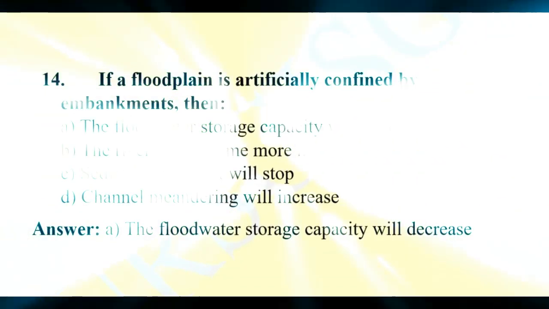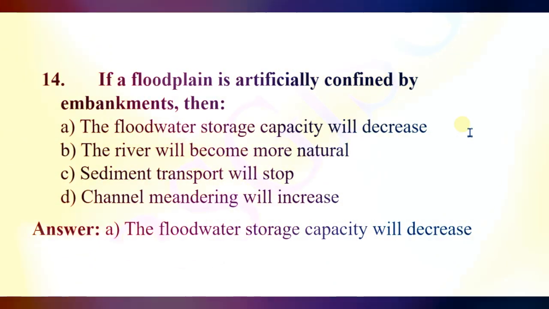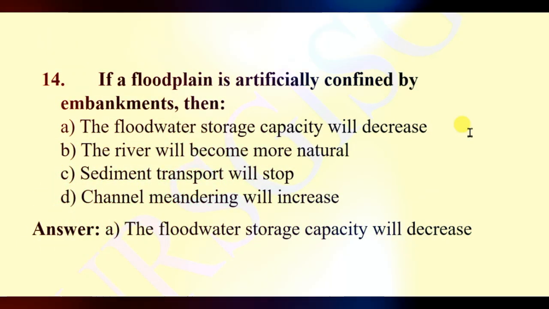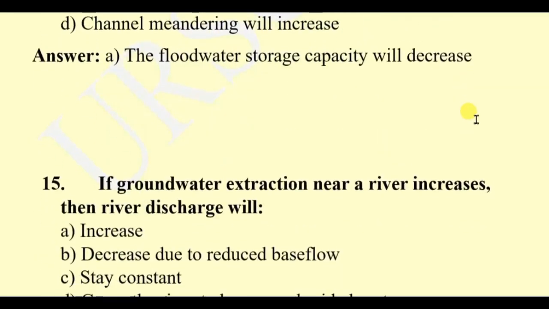Question number 14. If a floodplain is artificially confined by embankments, then the flood water storage capacity will decrease, the river will become more natural, sediment transport will stop, or channel meandering will increase. Here the right answer is that flood water storage capacity will decrease.